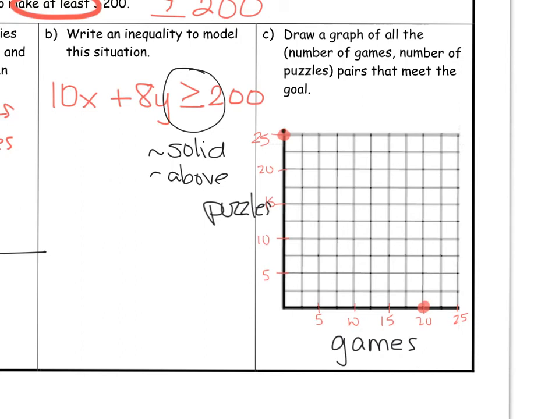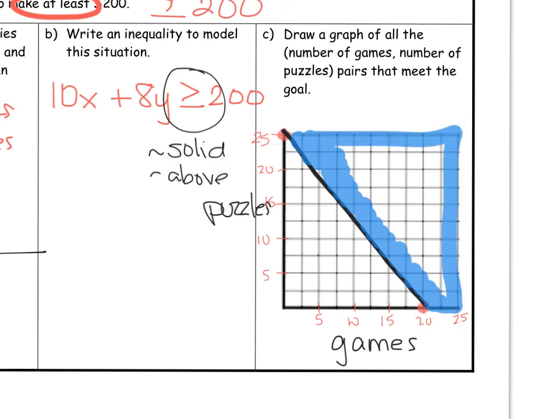So I'm going to make a solid line connecting my x and my y intercepts, and everything is going to be shaded above the boundary line. Because I can make $200, I can make $210, but I don't want to make anything less than $200. So any of the ordered pairs inside this boundary line will work for my inequality.